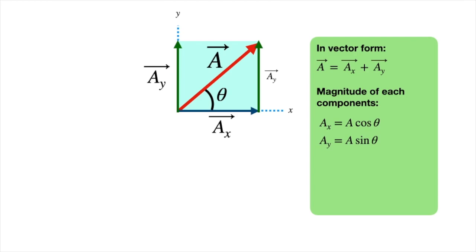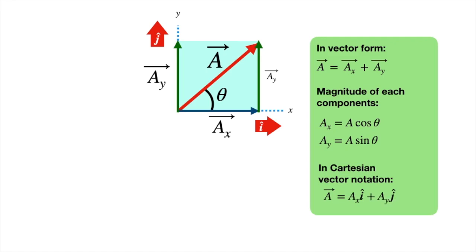Now let's recall some fundamentals from your physics or mathematics class back then. Any vector direction along the x-axis can be resolved into i hat, while the vector along the y-axis can be resolved into j hat direction. The i hat and j hat that we use are actually Cartesian vector notation. So vector A can also be rewritten as magnitude AX along the i direction plus magnitude AY along the j direction. You notice the Cartesian equation is in vector form. Why vector form?